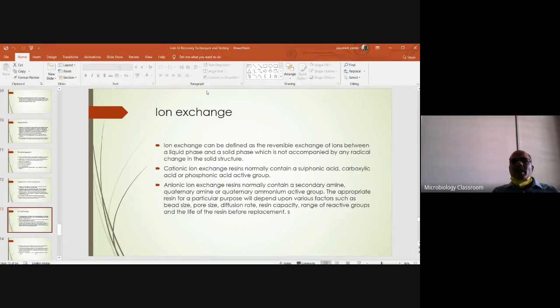In ion exchange chromatography, either cationic exchange resins or anionic exchange resins are used. Cationic ion exchange resins normally contain a sulfonic acid, carboxylic acid, or phosphonic acid active group.